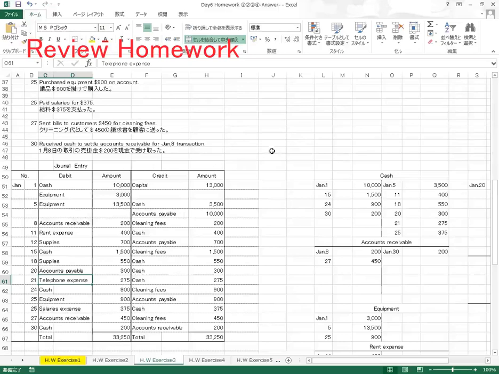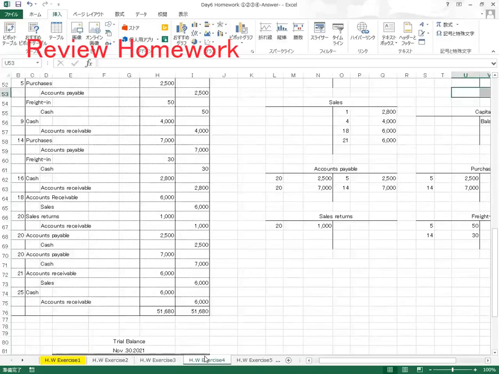Okay? Yes, exactly. And maybe Bruno-san has a question: what is a flight in? So the teacher Midori said not flight in, freight in is the cost of transportation of the materials.